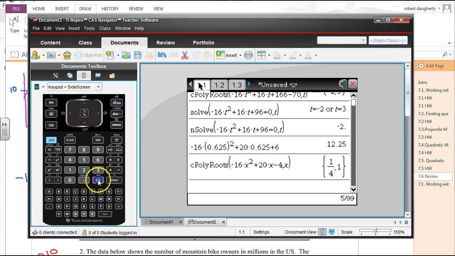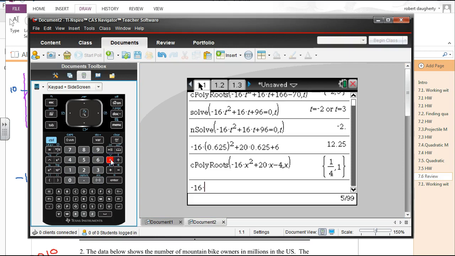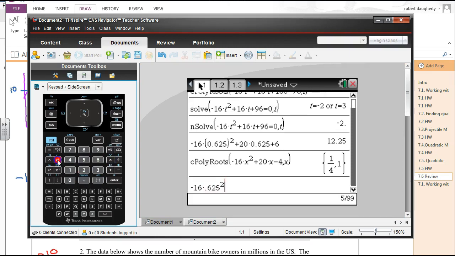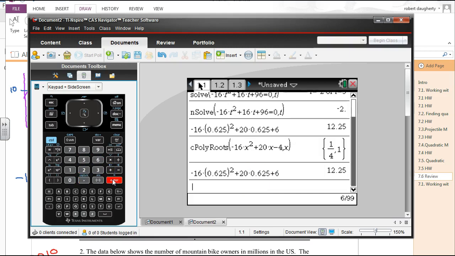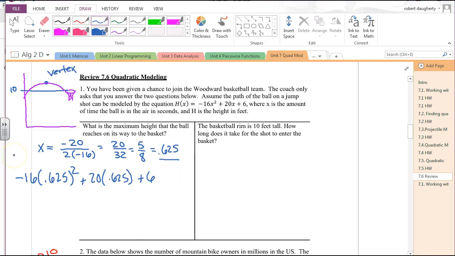So that is going to be negative 16 times 0.625 squared plus 20 times 0.625 plus 6. So 12.25. So that tells me that 12.25 is the maximum height of my jump shot.